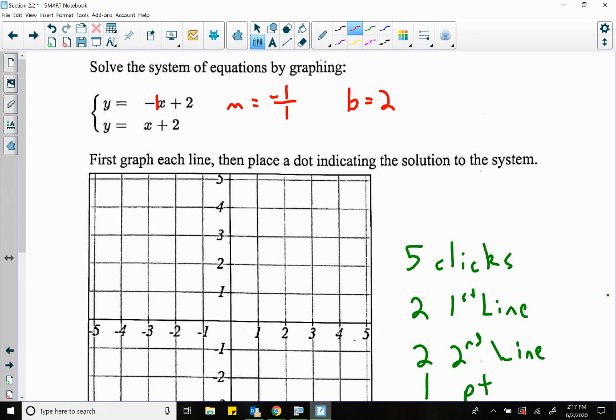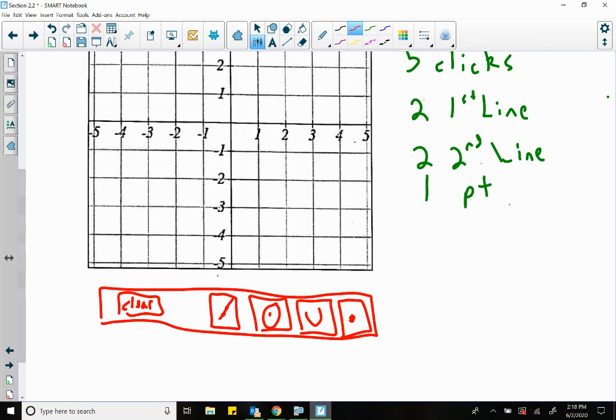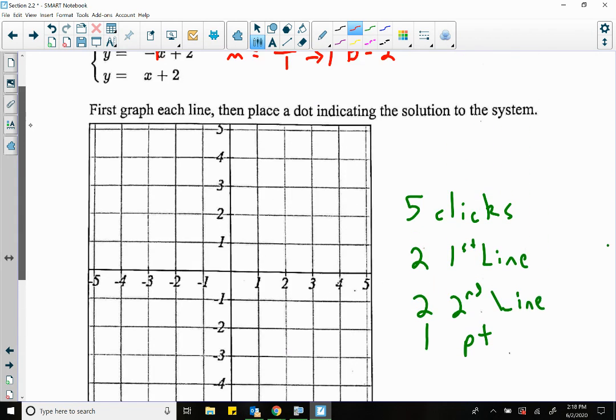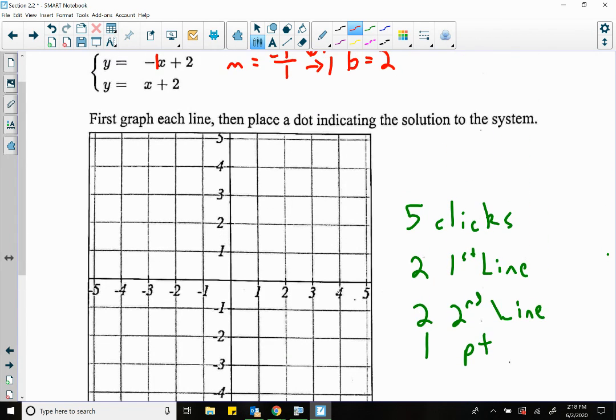2. Okay? So the slope, remember its directions. Since the top value is negative, that means you're going to go down 1 and then to the right 1, because the bottom number is positive. So when you graph this, what you're going to do is you're going to come down here, click on the line, and then you will graph the intercept first, which is 2. So there's your first click. And as you move away, the line forms. Okay?